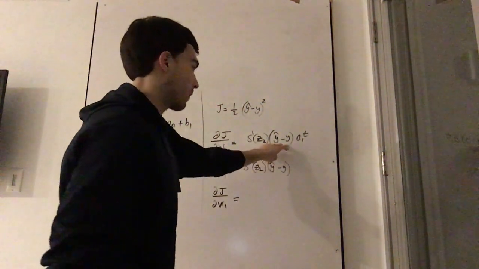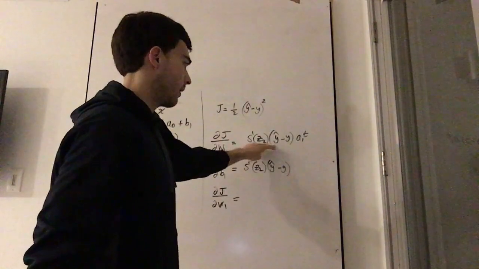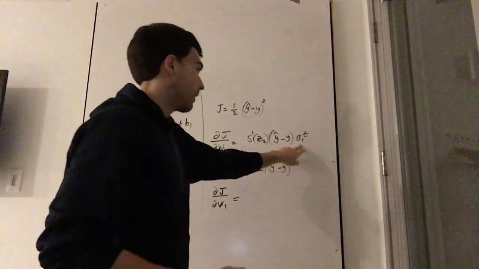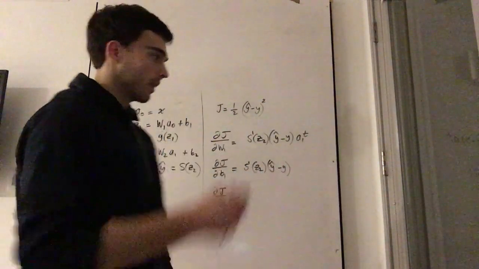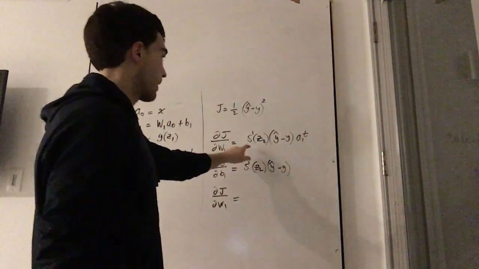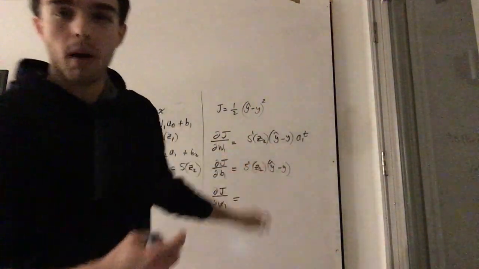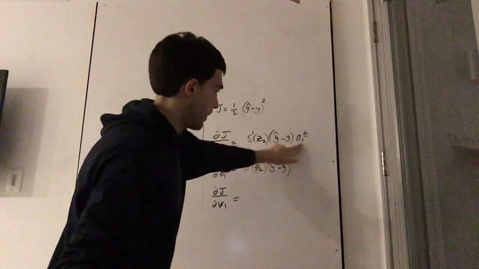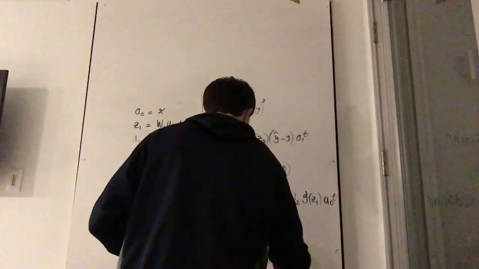Then y hat minus y, that's going to be the difference in your prediction and your label, and then A1 transpose. So I'm not really going to go over these, but here are your functions. I'm just going to go ahead and say that for this problem, I ignored the Jacobian. I just ignored this, and I just did this, and that worked.